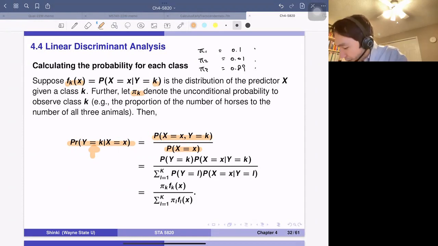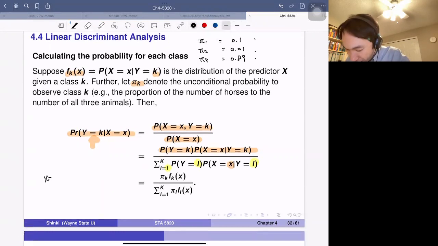Then we decompose the numerator as the probability of y is equal to k and x is equal to x given y is equal to k, right? This is from the previous slide. And x is equal to x means x is given, but y is unknown. So we consider all possible y, right? And take the summation. Then that is the probability of x.